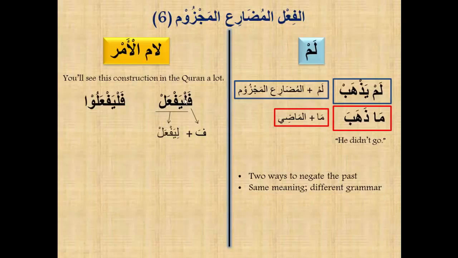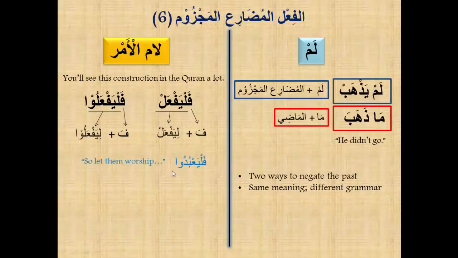So this lam is actually your lam al-amr, li yaf'al. When we put all three together, we have fa li yaf'al, but then we change the haraka into a sukun. So this is kind of like an abbreviation. The product is fal yaf'al. The same thing for fal yaf'alu. Originally it's fali yaf'alu. Squeezing all three together into a single phrase, fal yaf'alu.